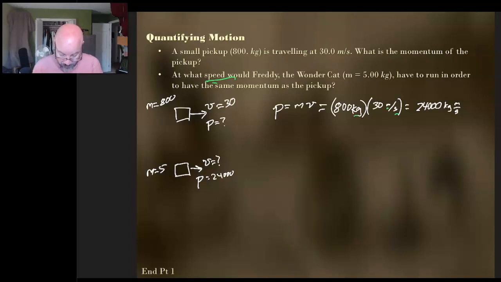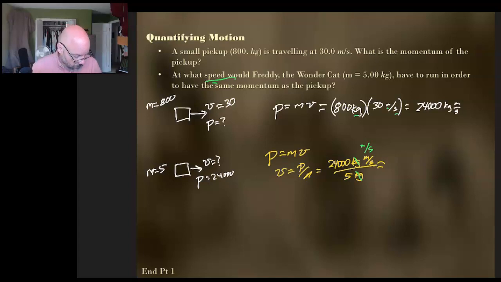If we work all this out, we get mv. Do a little algebra. V is p over m. And put our numbers in. 24,000 kilogram meters per second over 5 kilograms. See what happens with our units. We lose the kilograms. We're left with meters per second. So that works out pretty nicely.